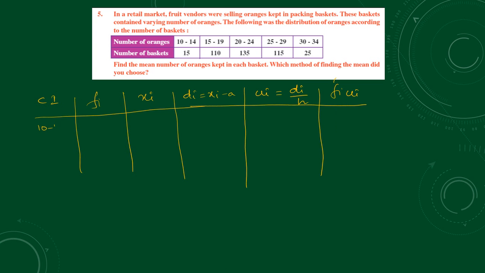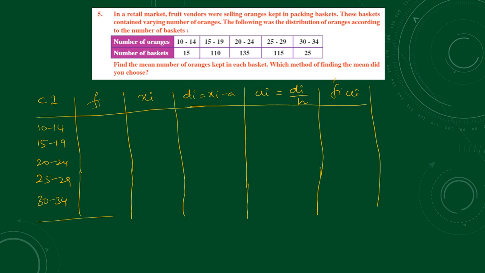So what are all the things that are given? 10 to 14, 15 to 19, 20 to 24, 25 to 29, 30 to 34. If you observe, these classes are exclusive classes.